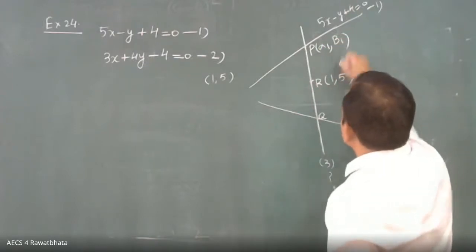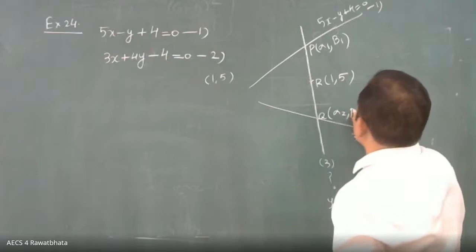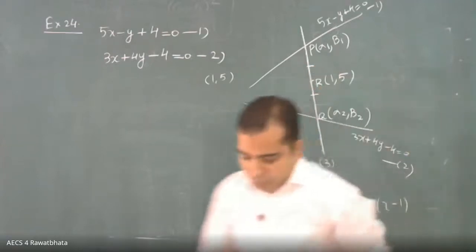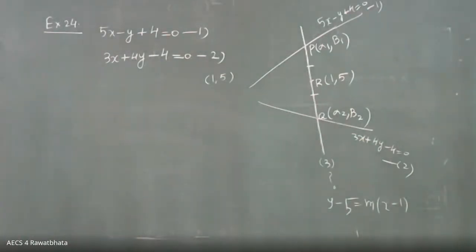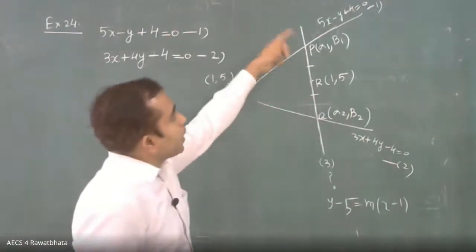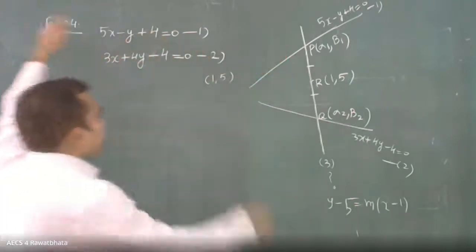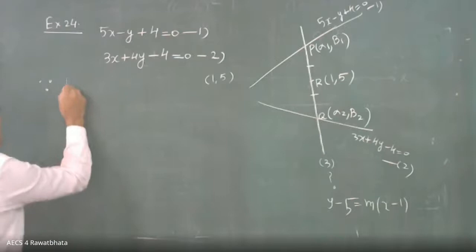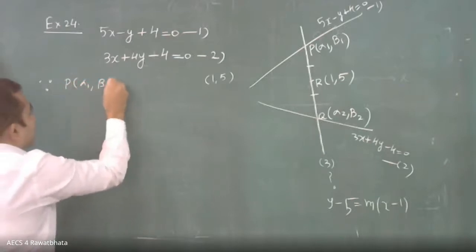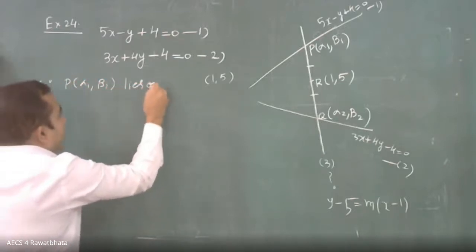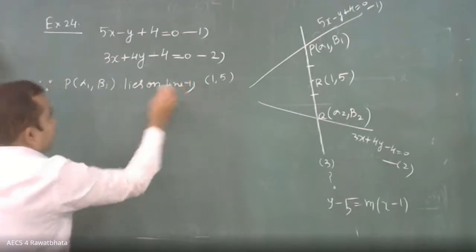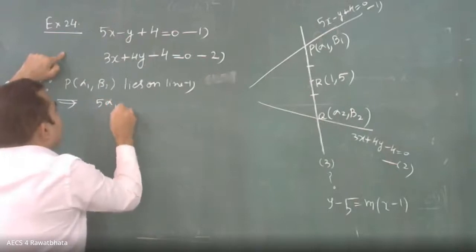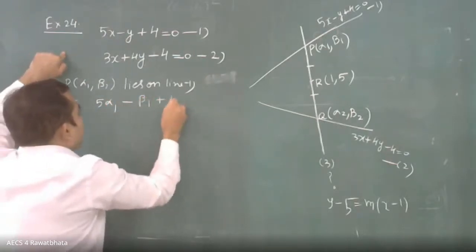Let it be alpha 1 beta 1 and let it be alpha 2 beta 2. मिड पॉइंट इसका भी मुझे यूज करना पड़ेगा. So first let us get one equation in alpha 1 and beta 1 because this point is lying on this line, so it will satisfy. Since बाकी लैंग्वेज नहीं लिख रहा हूं, फिगर से कोट कर रहा हूं. Since P alpha 1 beta 1 lies on line 1, so put the coordinates in line 1. 5 alpha 1 minus beta 1 plus 4 equal to 0.